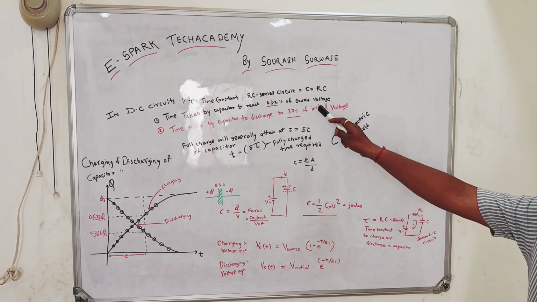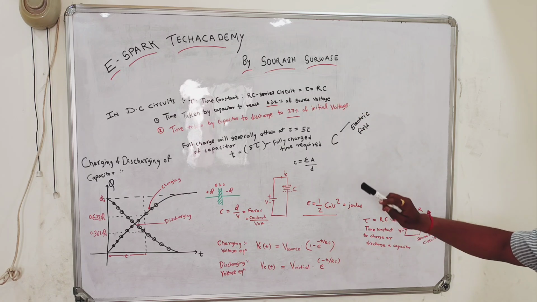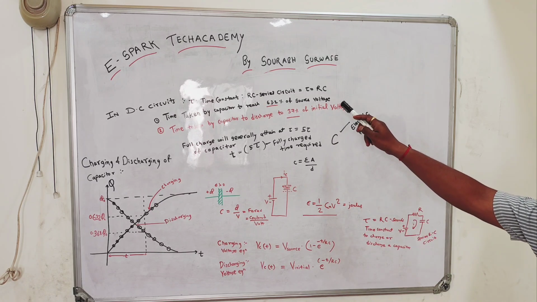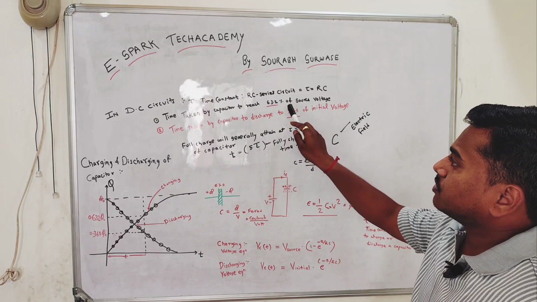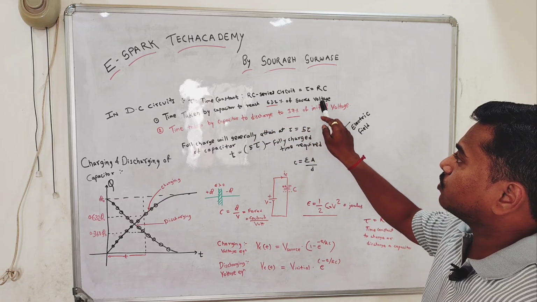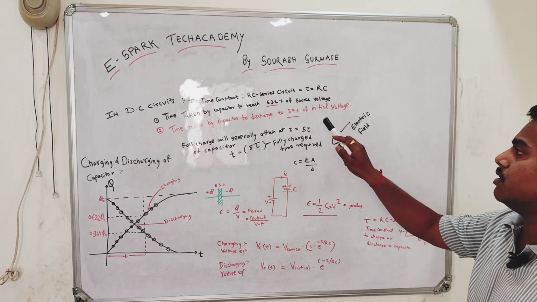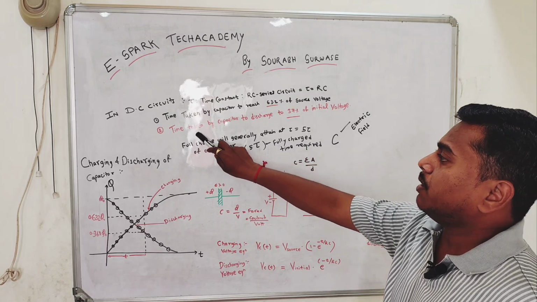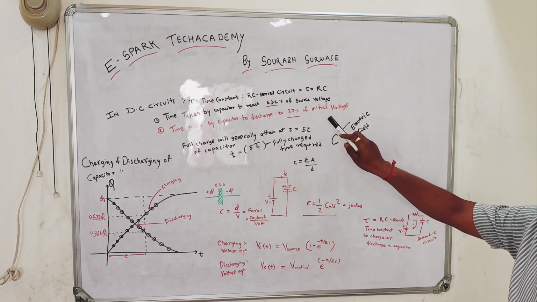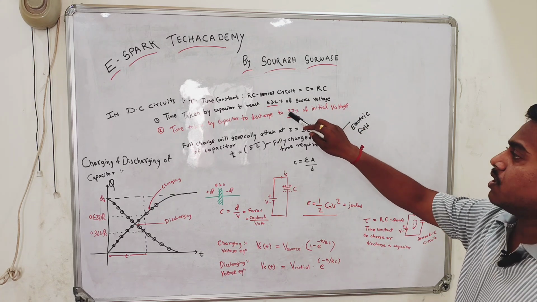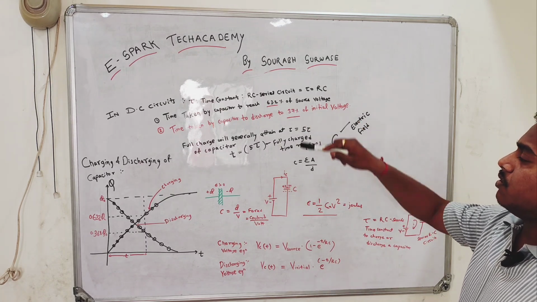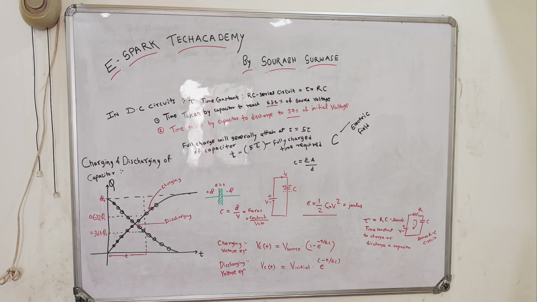Accordingly, we have also gone through what is time constant, the R and C product, and the time taken by the capacitor to reach 63.2% of its source voltage. Source voltage is nothing but the applied voltage to it. The time taken by the capacitor to discharge to 37% of its initial voltage is the same, and accordingly we will calculate the time constant.